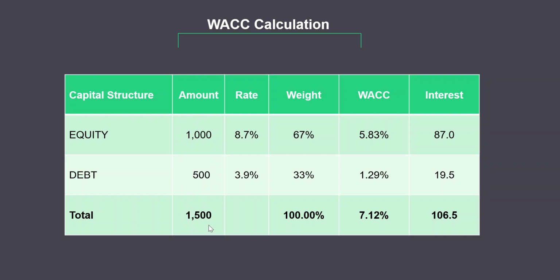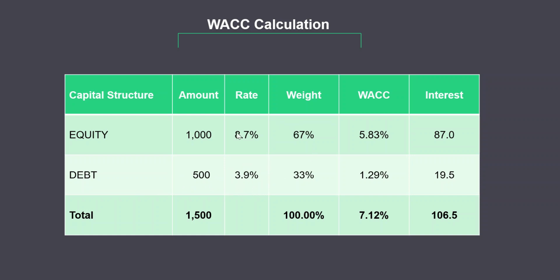Which is 1500. For the equity capital, the rate of return required by an equity shareholder will be 8.7%, which we calculated based on CAPM. And for the debt financing of 500, we identified our interest rate as 3.9%.